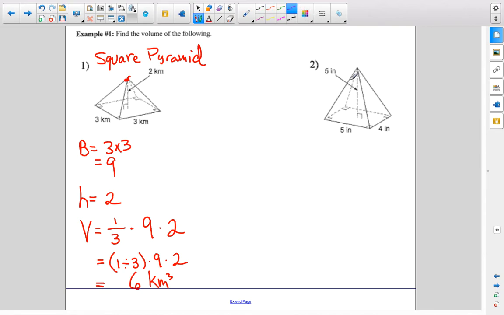Okay, now let's go over here to number 2, the second example. I can see it's a pyramid. I can see the vertex is directly over the center of this base. And what is the shape of the base? Okay, 5 inches and 4 inches. That makes it a rectangle. So it's a rectangular pyramid.